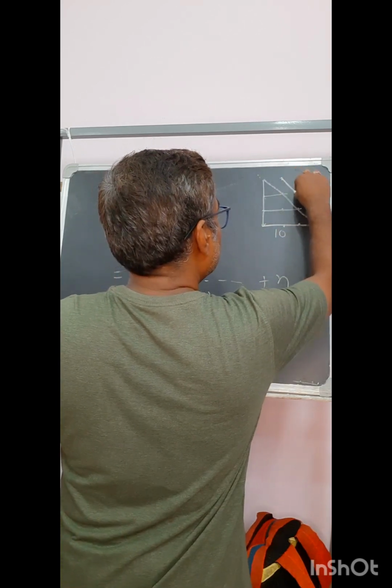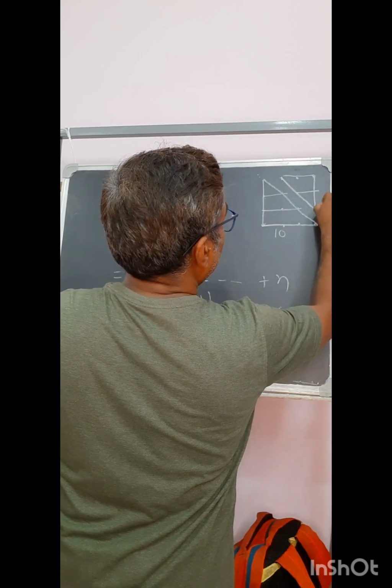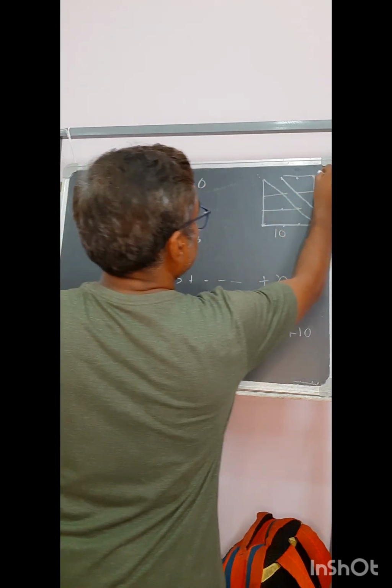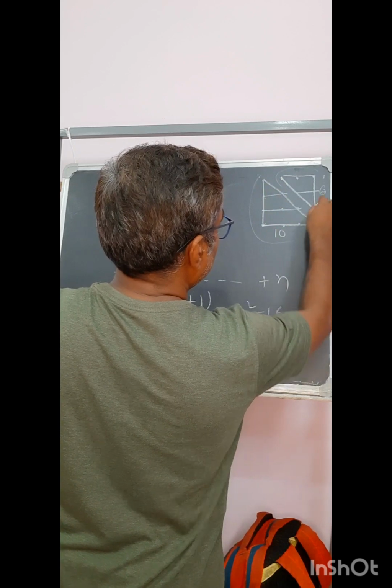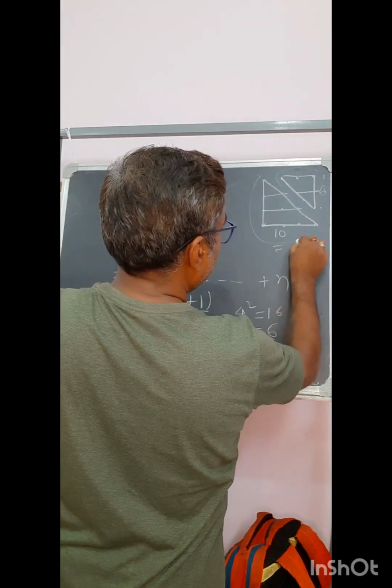And another triangle, 1, 2, 3, so the result is 6 here. For this it is 6, and for this it is 10. So 10 plus 6, then this result is equal to 4 square.